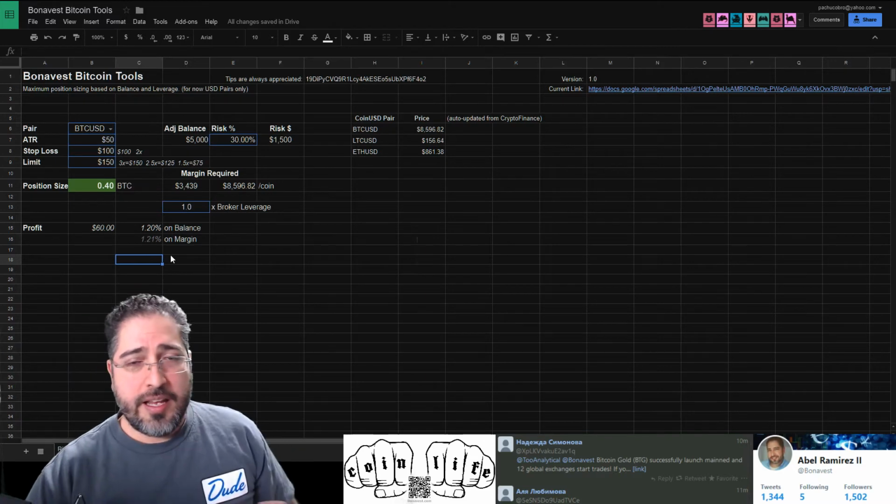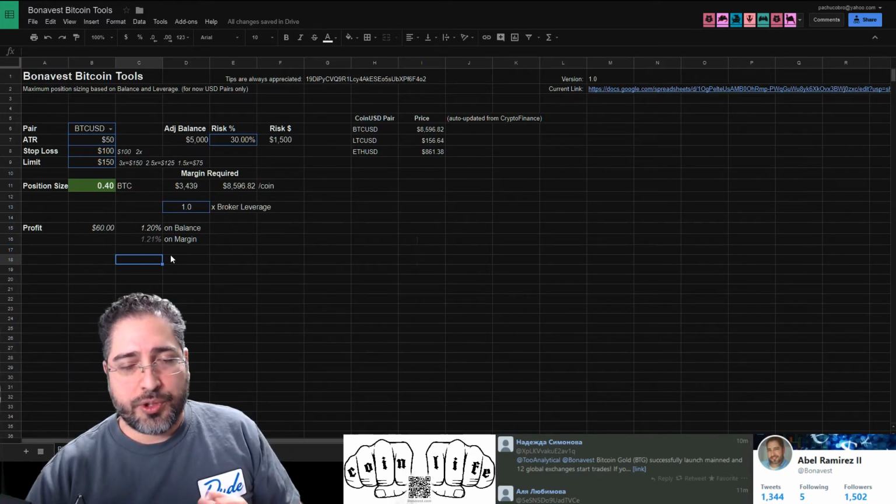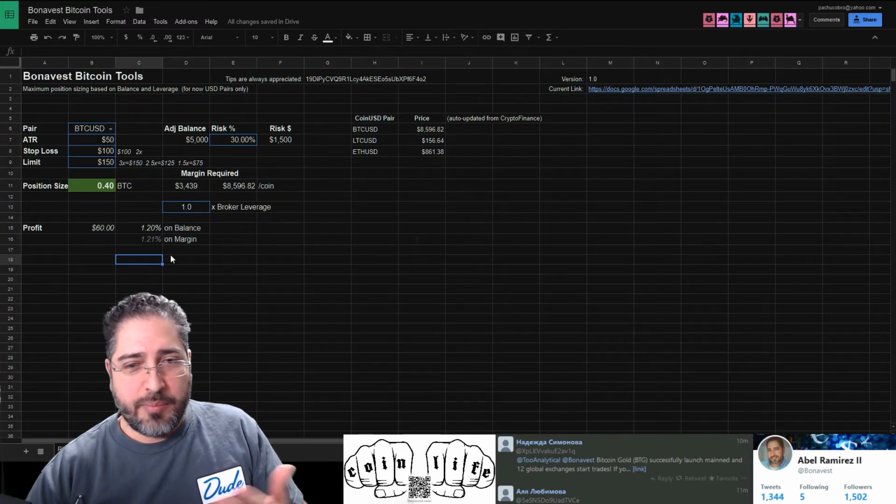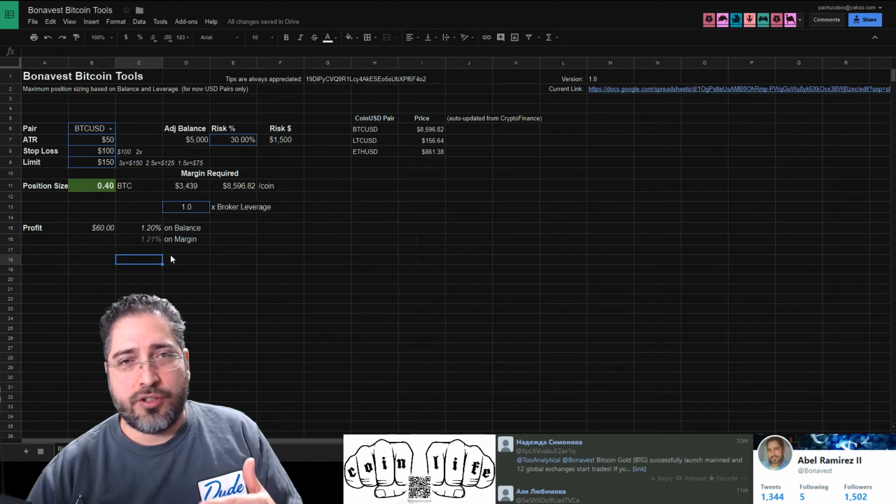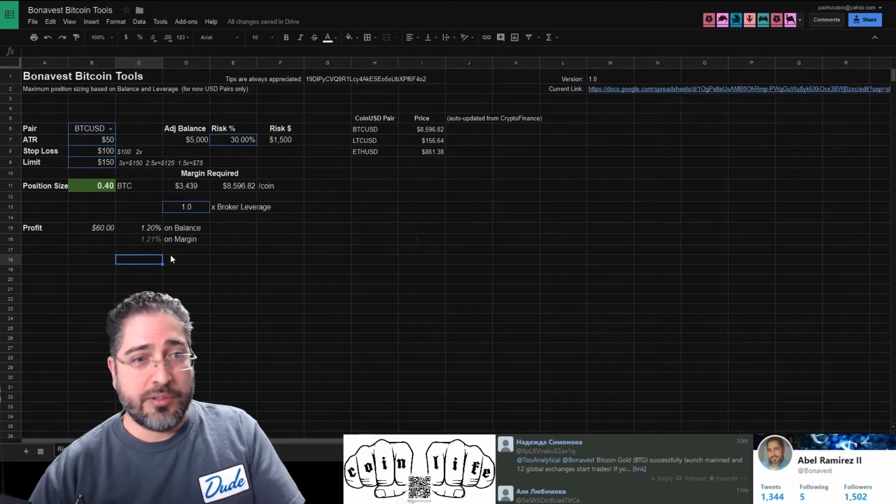Yeah, and different exchanges will treat leverage trading differently. Kraken and Bitfinex, you can go to their websites and they have a couple of pages that describe how they do their different leverage trading. I think those two actually do things differently between the two, but essentially they're effectively the same. So you can use the sheet for either one.